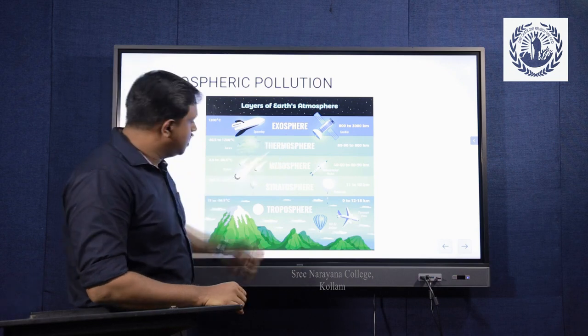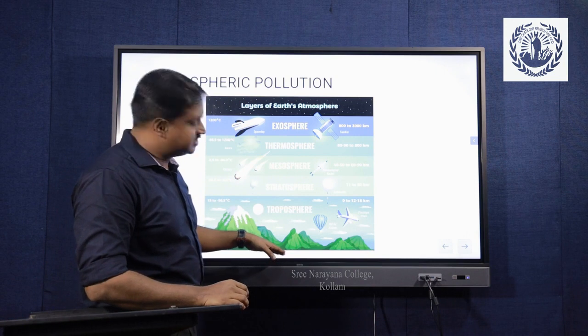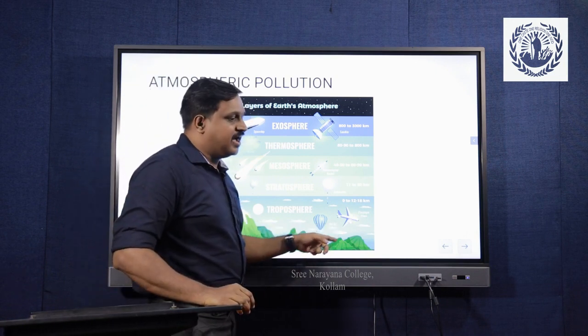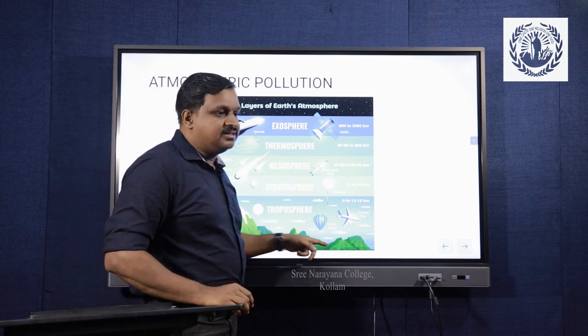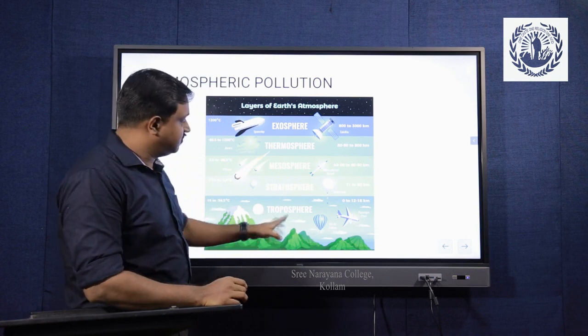You see the troposphere is very close to the Earth's surface, and most of the pollution is caused here, and all of the living organisms live in this place. The pollution in the troposphere can cause harm to the different types of living organisms.